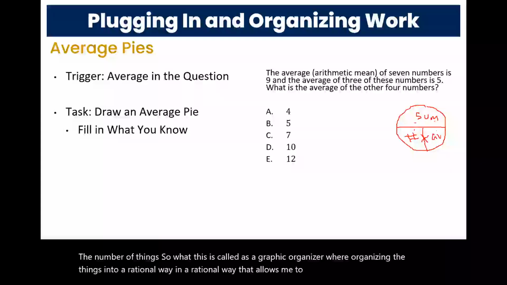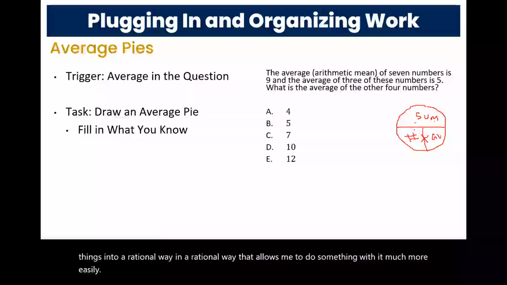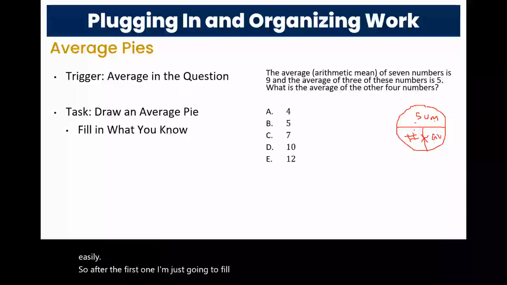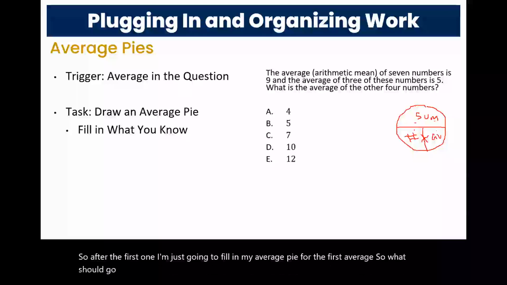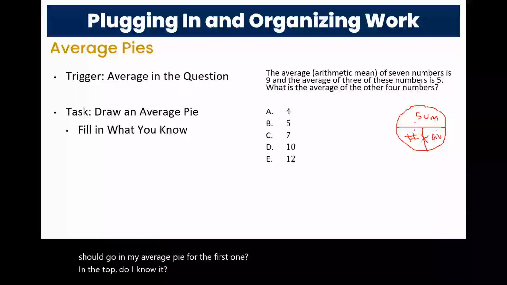So for the first one, I'm just going to fill in my average pie for the first average. So what should go in my average pie for the first one? In the top, do I know it? Do I know the sum for the first average? Well, how'd you figure that out?